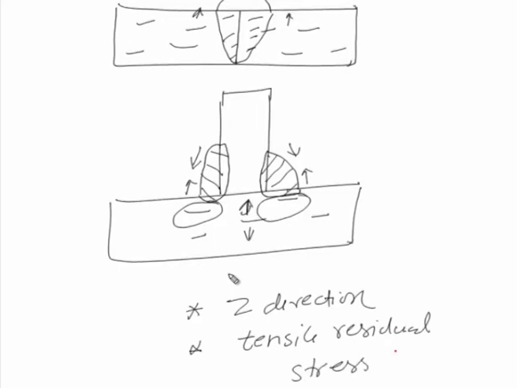So, we can try to improve the Z direction ductility by reducing the percentage of these lamellars, especially those present near the surface or near the fusion boundary, or by reducing the development of tensile residual stresses.